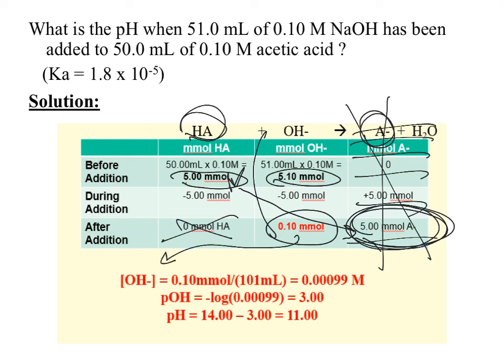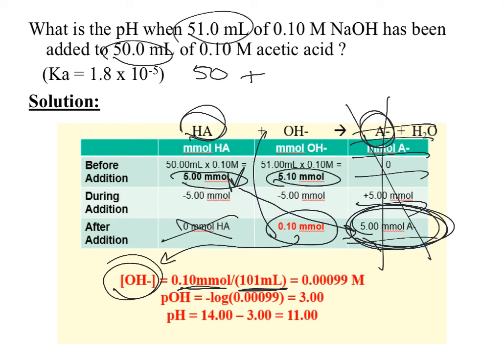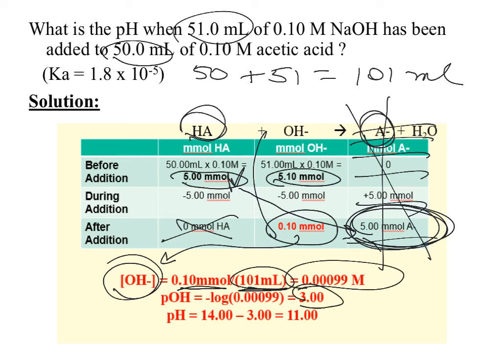So now we just have to find the concentration of hydroxide in order to get the pH. As always, concentration is moles divided by the total volume. Be careful because your total volume is 50 milliliters from the acid plus 51 milliliters from the base, so your total volume is 101 milliliters. That's where this comes from. So here's the concentration of the excess hydroxide, which means pOH is 3 and pH is 11.